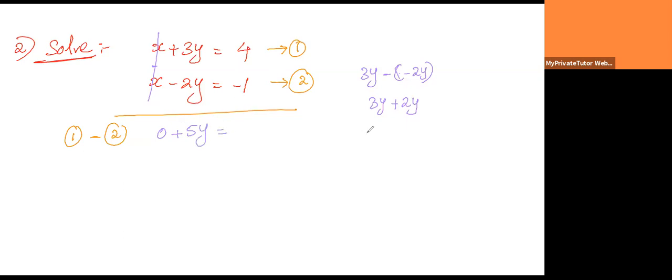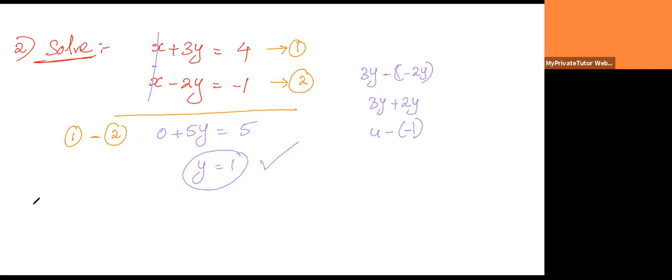Then we have one more minus 1, so 4 minus of minus 1, which is 4 plus 1, which is 5. So 5y equals 5, y equals 1. Guys, let me know if you want me to explain again. If not, we'll continue.